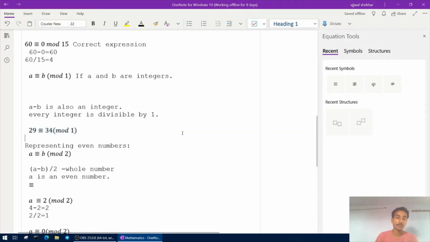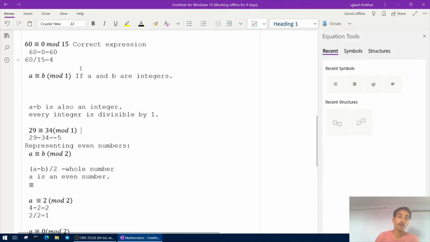You can see 29 minus 34 gives minus 5, and minus 5 is divisible by 1, minus 5 times. So this is a correct expression, and it holds true for every a and b, as long as a and b are integers.